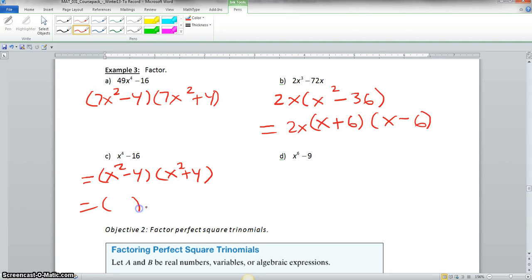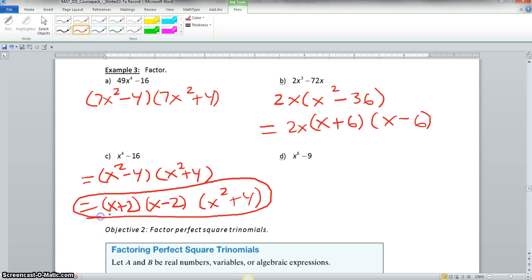So we would do two parentheses for that, and then we would write our last parenthesis as it was, the x squared plus 4. Square root of x squared is x, plus in one parenthesis, minus in the other, and we know the square root of 4 is 2. So we have x plus 2, x minus 2, and x squared plus 4. And this is the final answer for this problem.